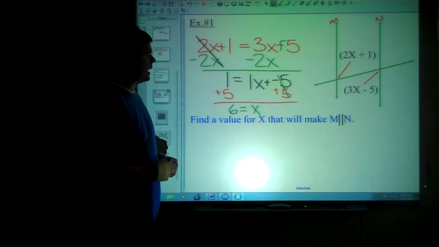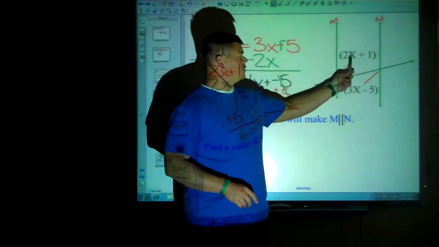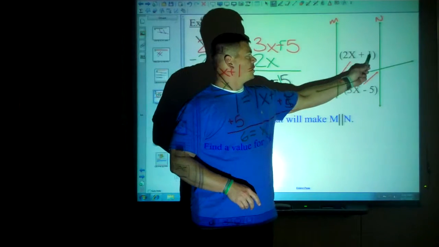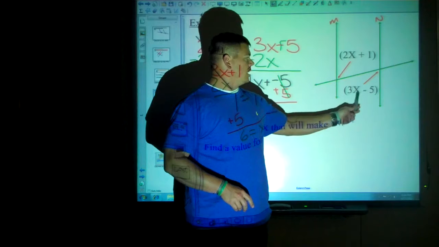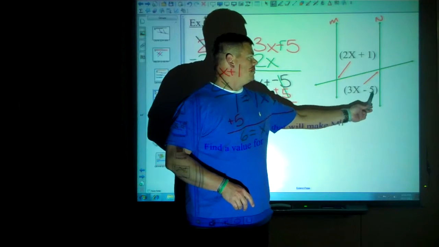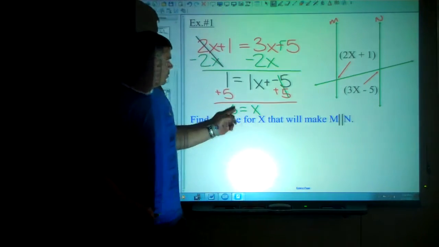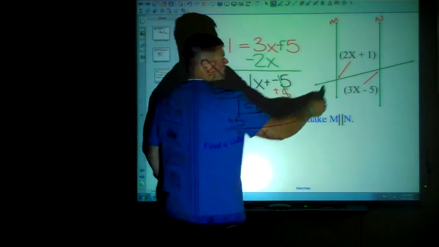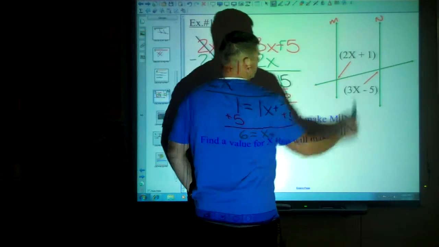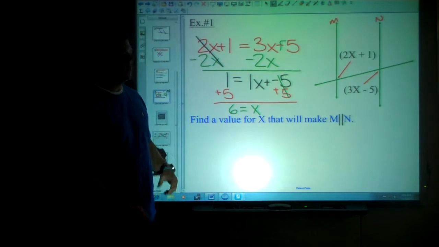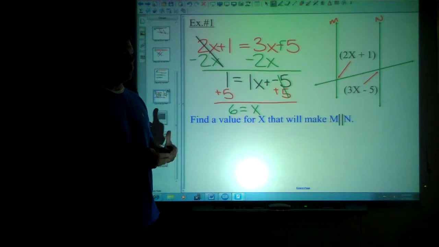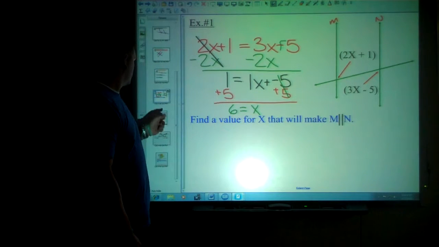The value of x is 6. Let's try it. 2 times 6 is 12, and 12 plus 1 is 13. 3 times 6 is 18, and 18 minus 5 is also 13. So it works. If we stick 6 in there, we get exactly the same value for both alternate interior angles. Because the alternate interior angles are congruent, the lines would have to be parallel.